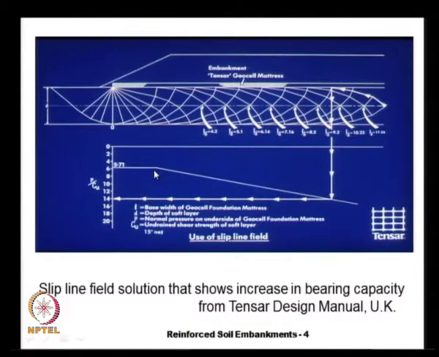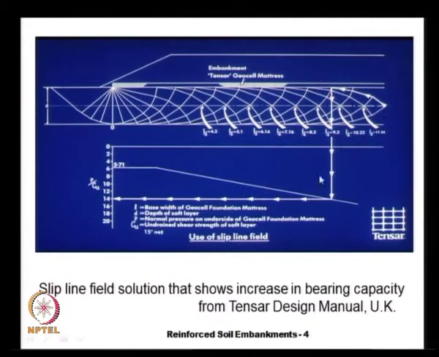For very thin footings or very narrow embankments, up to maybe a B by H of about 1, our bearing capacity factor is nearly equal to 5.7, but we see that as our footing width increases, the bearing capacity increases, and it attains a maximum value of about 16 to 17.